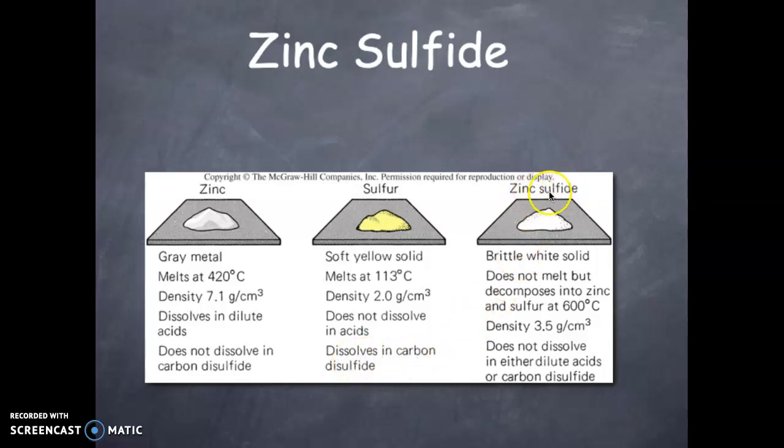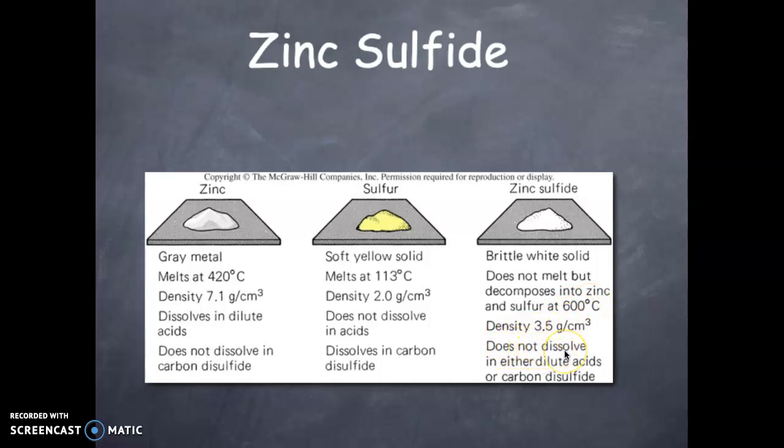Now, zinc sulfide, though, having been made from a combination of zinc and sulfur, is a brittle white solid, does not melt, but decomposes into zinc and sulfur at 600 degrees Celsius. Its density is given.